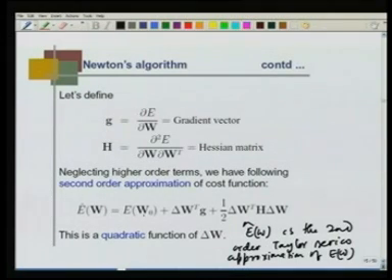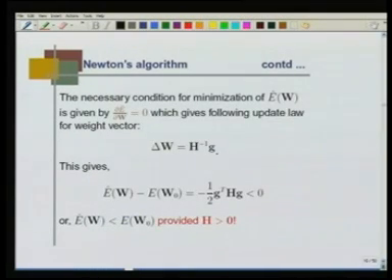So, differentiating this, I get delta W is H inverse G. This is my weight update law.